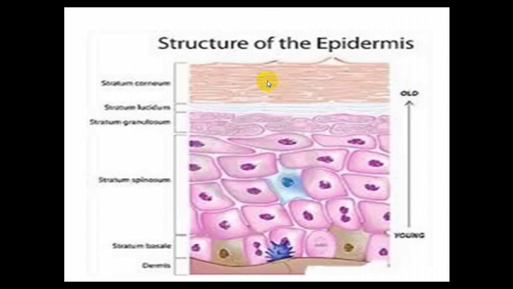The outermost squamous cells lose their contact with each other and become desquamated and slough off. After that, it returns to the stratum basale and renews itself until it reaches through these 5 zones.